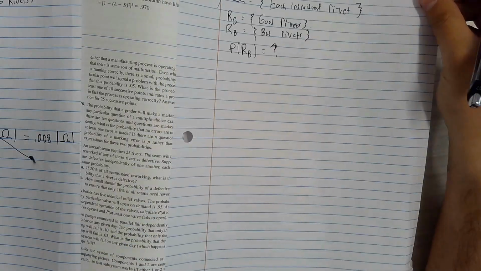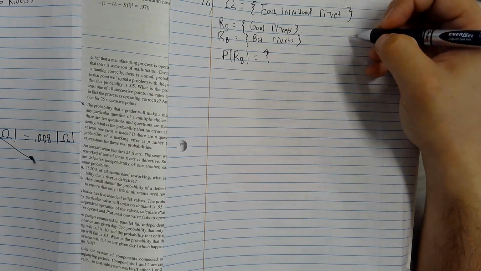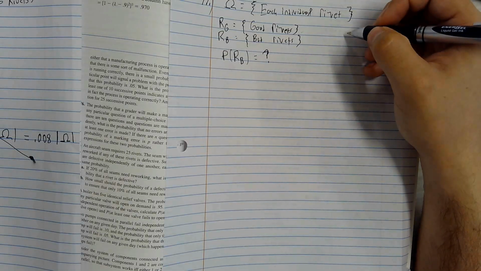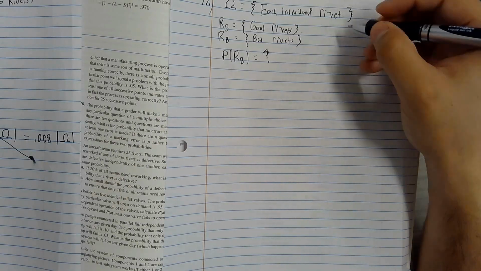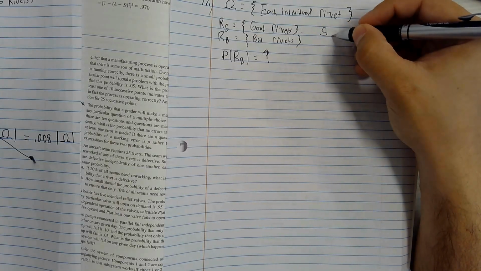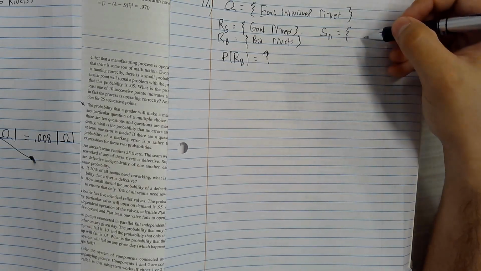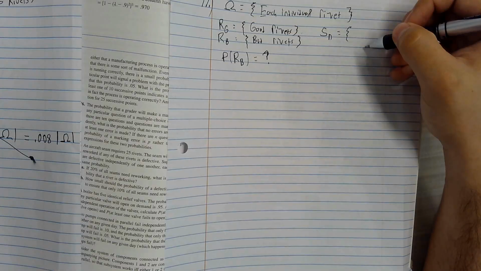Now, we have seams that are in use, and these seams, Sn, are a subset of our omega.